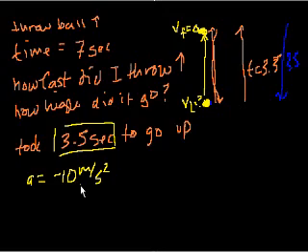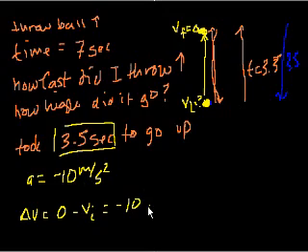So the change in velocity is equal to the final velocity minus the initial velocity, and that equals acceleration times time. So minus 10 meters per second squared, I'll stick with the units this time, times 3.5 seconds.